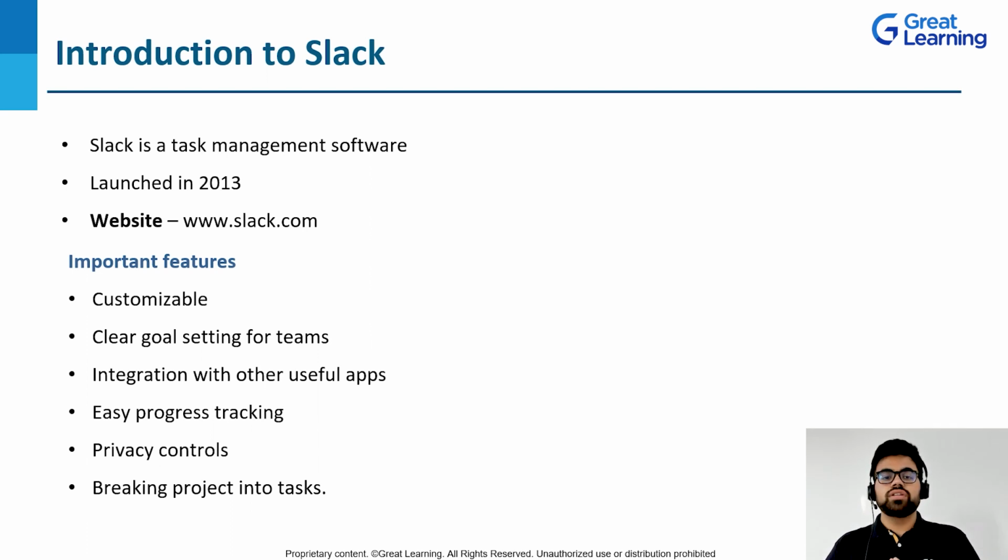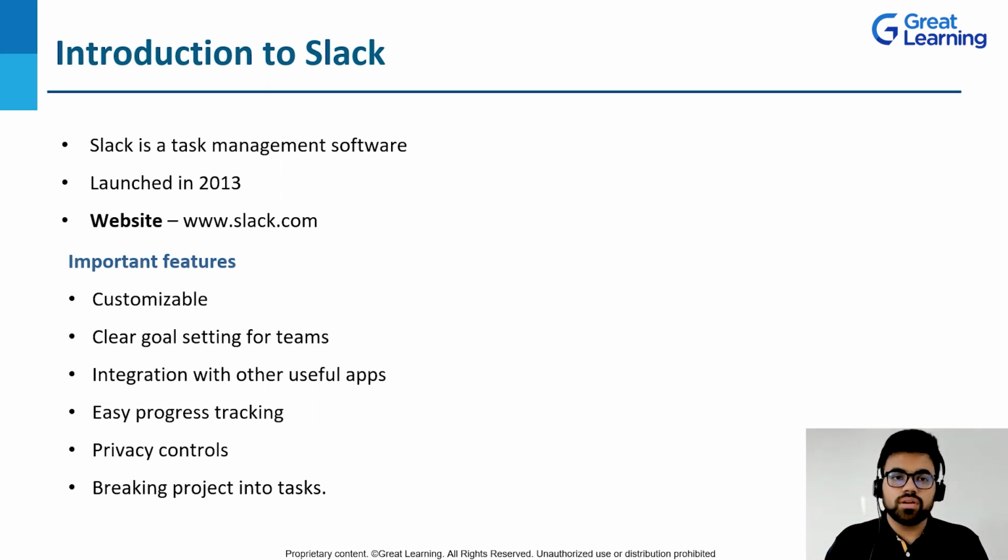Next is the integration with other useful apps. Now, if a project management tool has to exist, it needs to collaborate, it needs to be accessible to other apps. For example, Gmail, Google Drive, Dropbox, Outlook, all these things need to be integrated within the particular project management tool, because we don't want switching applications.